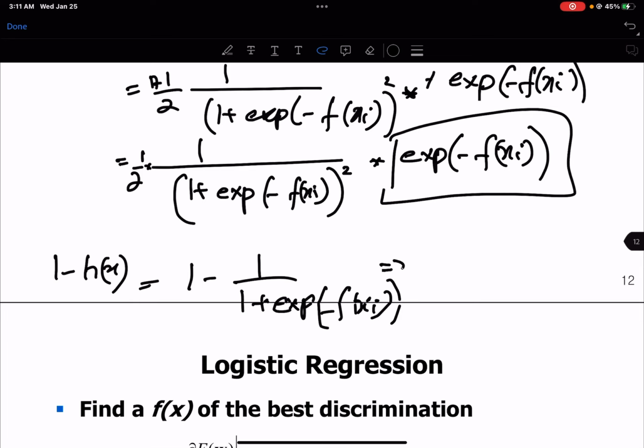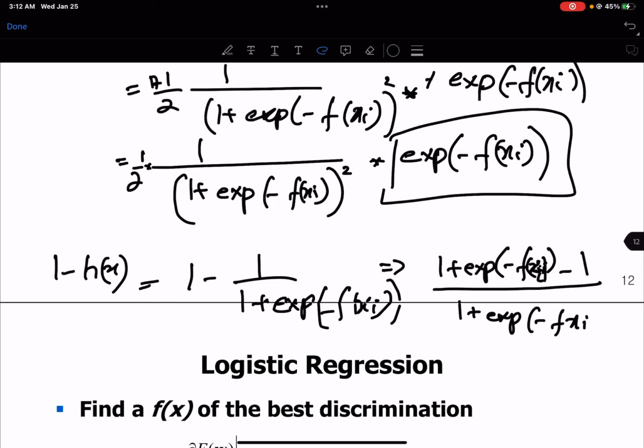So this becomes equal to (1 plus exponent minus f of xi) minus 1, over 1 plus exponent minus f of xi.